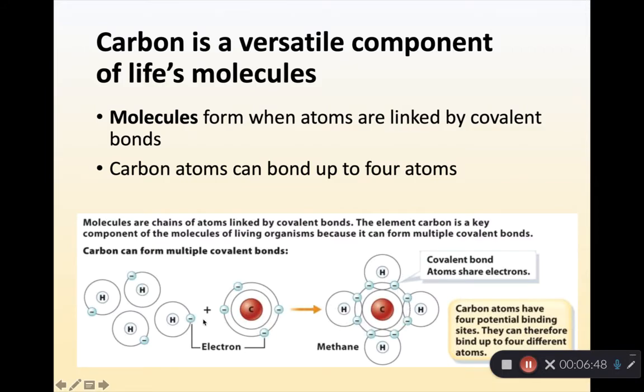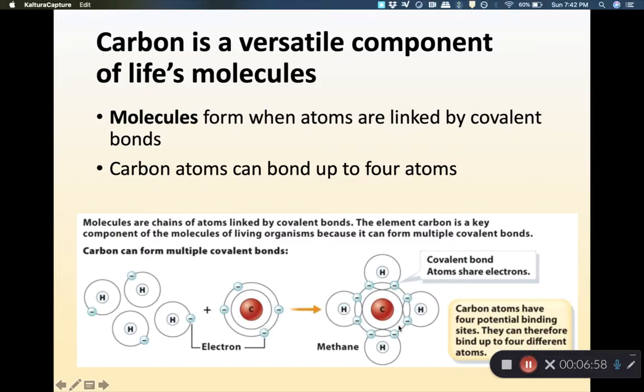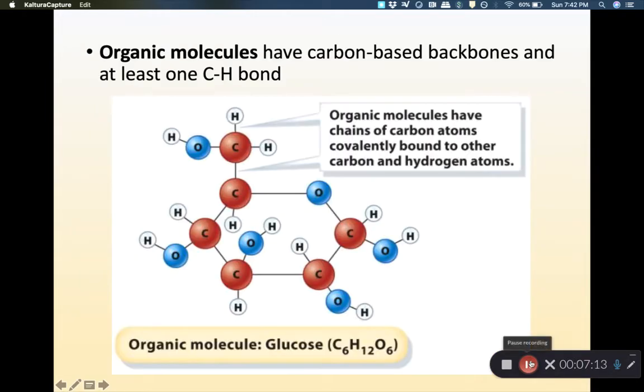Here you can see a common structure of carbon bonding with four hydrogen atoms. Because carbon can form multiple covalent bonds, it becomes the key component to the structures we're going to be talking about in living organisms.